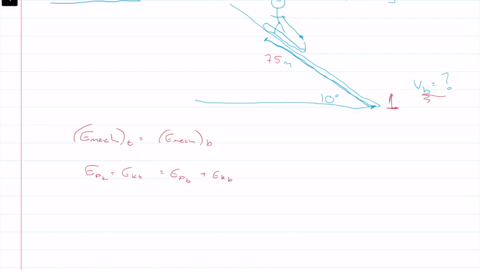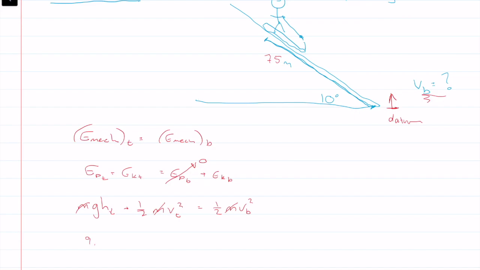Again, we're going to pick our datum at the bottom. Okay, so then our EP at the bottom is equal to 0. So then what we're left with is mgh at the top plus a half mv squared at the top is equal to a half mv squared at the bottom. Okay, these masses are going to cancel.